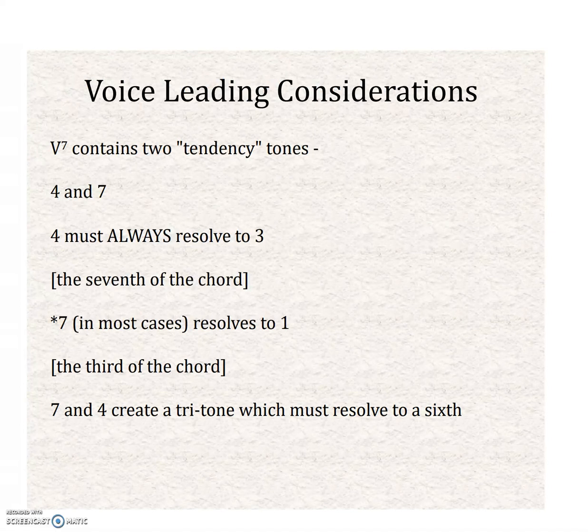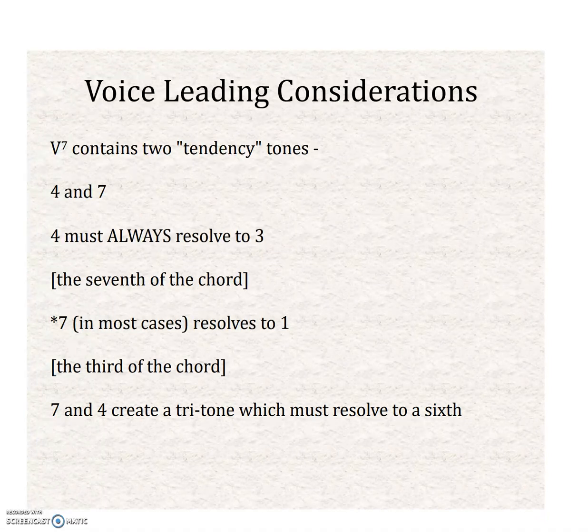Okay, so this is where you can all roll your eyes. Voice leading considerations, because that is the end of everything new we will learn now, is always about voice leading considerations. So 5-7 contains 2 tendency tones, meaning 2 tones that really want to go someplace, like magnets. So we have scale degree 4 and scale degree 7.